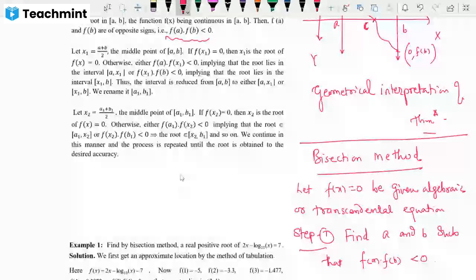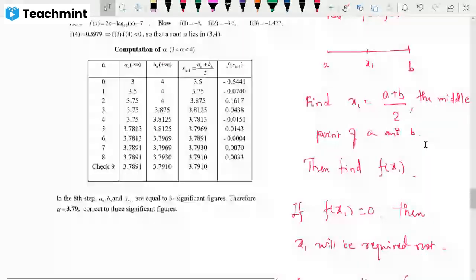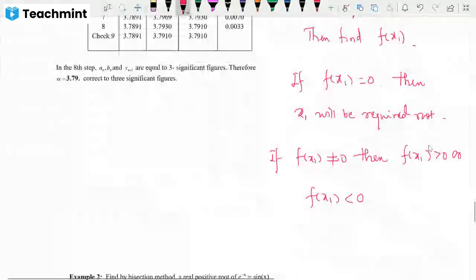Then f(a) times f(x1), meaning f(x1) is either positive or negative. And surely f(a) and f(b) have opposite signs.